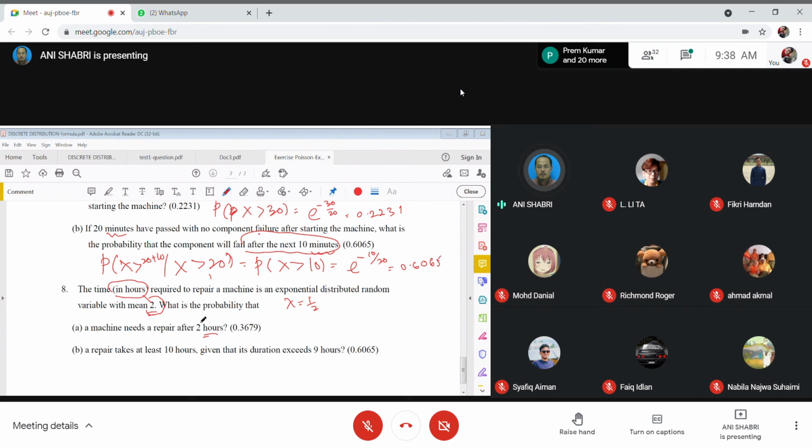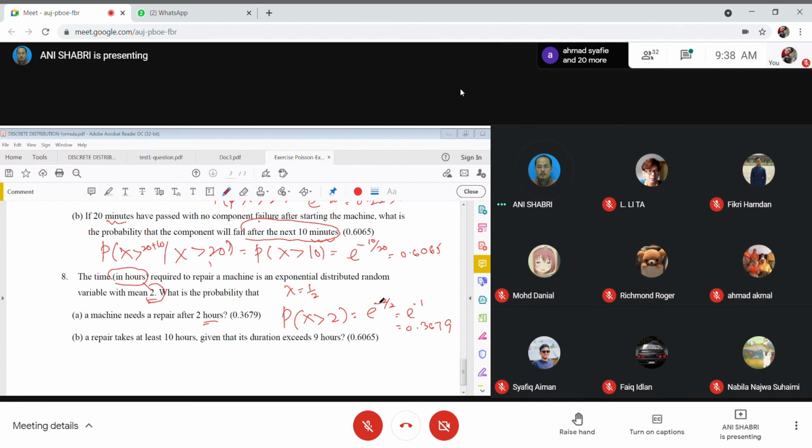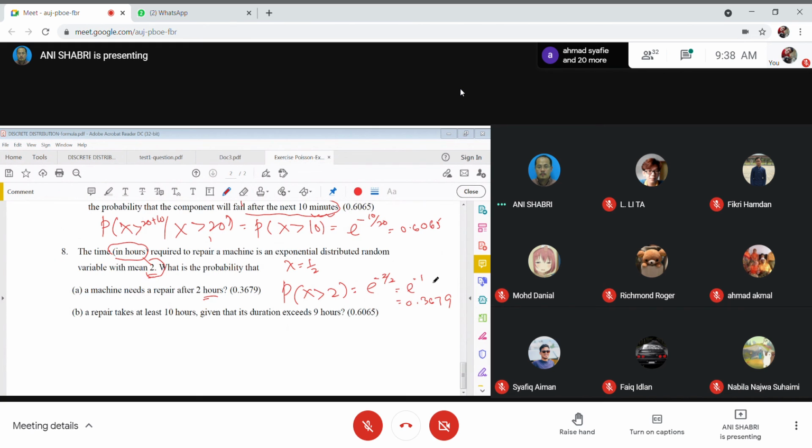When the unit is the same, we cannot do anything, we just go straightforward. It is X greater than 2, equal to e to the power of minus 2 divided by 2, which is e to the minus 1. The answer is 0.37.